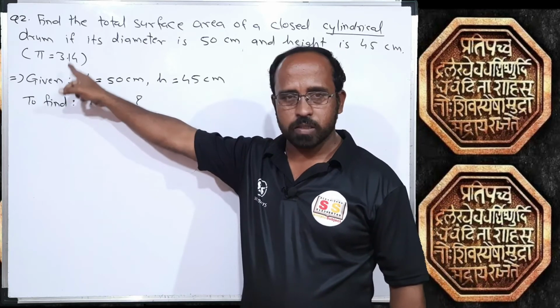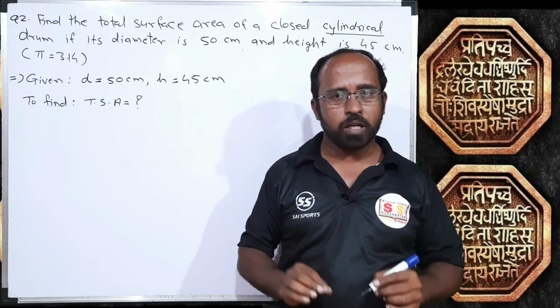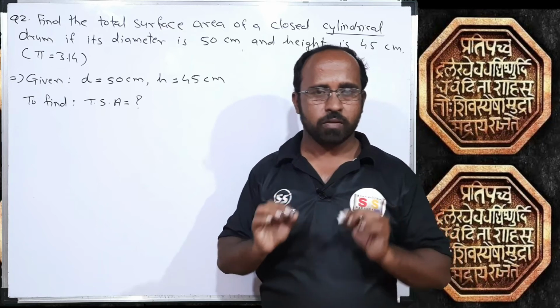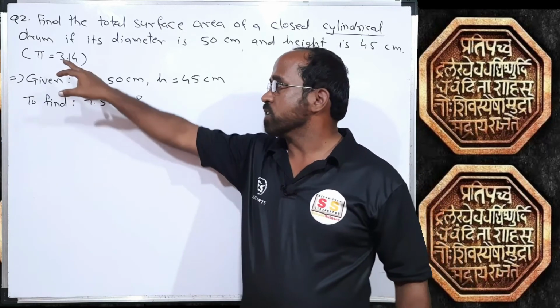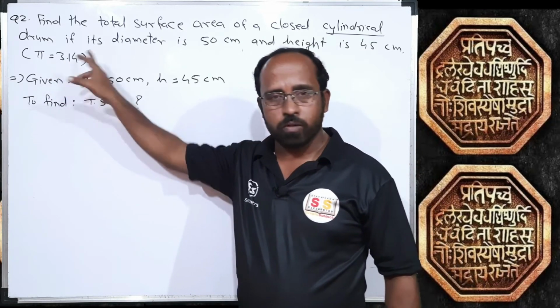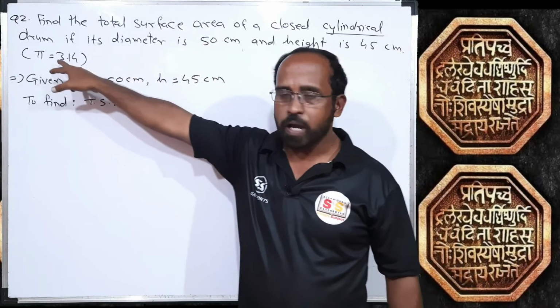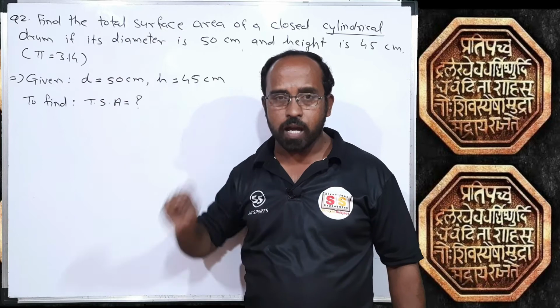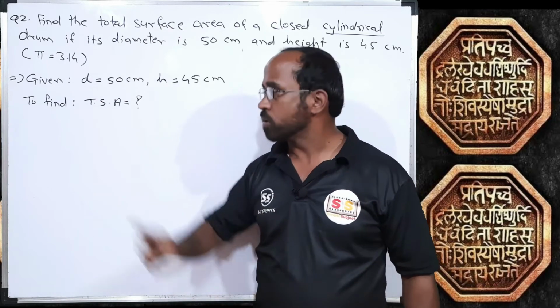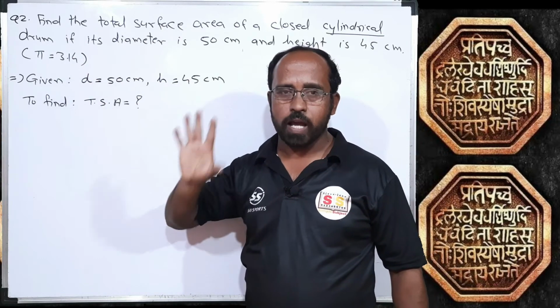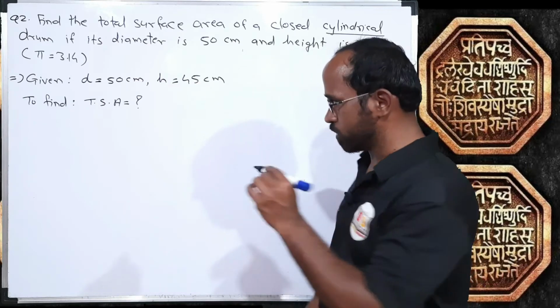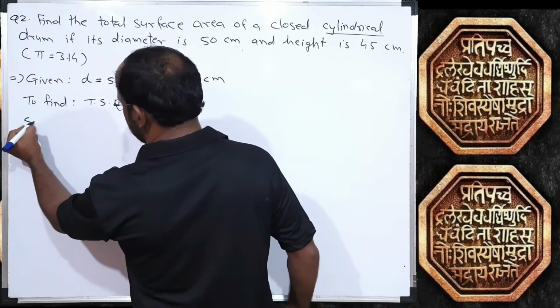Another is in decimal, that is 3.14. Normally we have to use 22 upon 7 unless it is mentioned to use 3.14. So in this given example, it is mentioned to use pi is equal to 3.14. So here we have to use 3.14 as pi. Clear? So let's go.